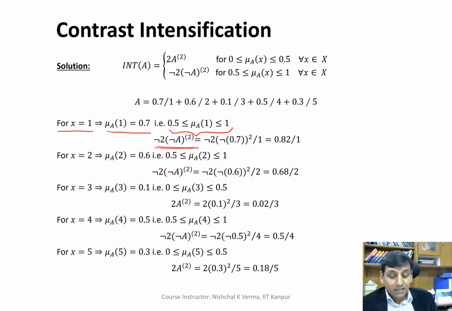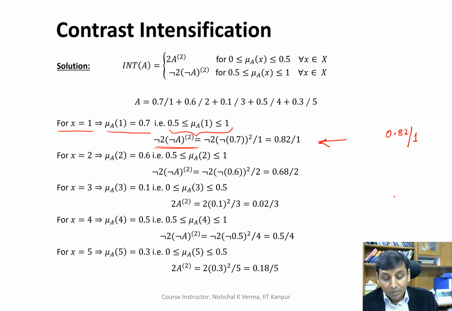The expression here that applies is the negation, 2 into negation A raised to the power within the bracket 2. When we compute, we are going to get the new membership value, which is 0.82 for the generic variable 1.